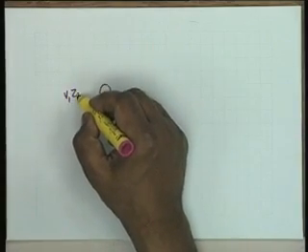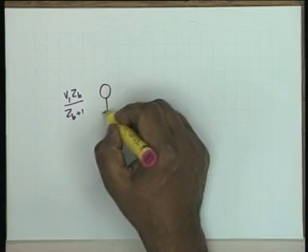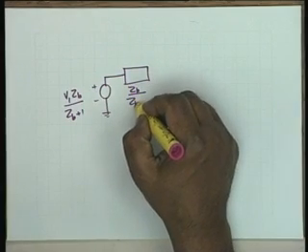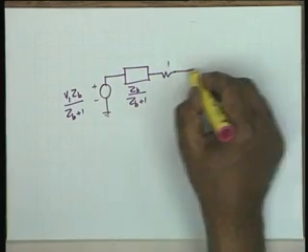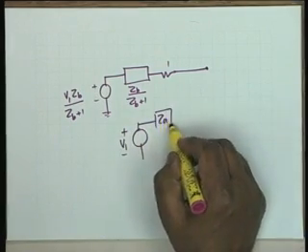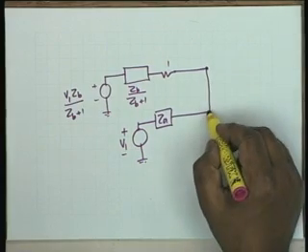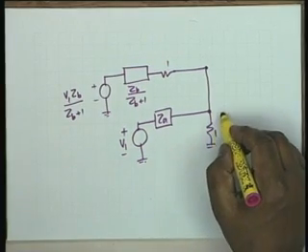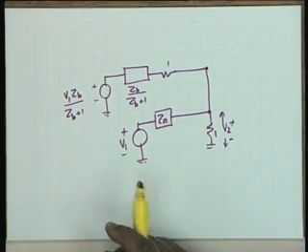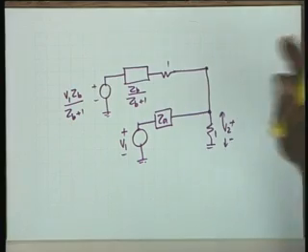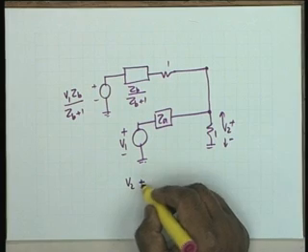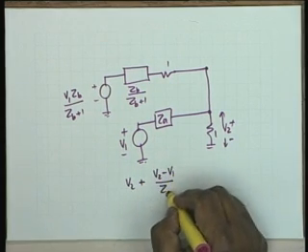V1 ZB by ZB plus 1, then this impedance is ZB by ZB plus 1, then you have a 1 ohm, and the other one is V1, ZA, and this is connected here, the whole thing is connected to a 1 ohm, and this voltage is V2. Okay, all that you have to do now is to write one node equation, that is V2 by 1, this current, plus V2 minus V1 by ZA.